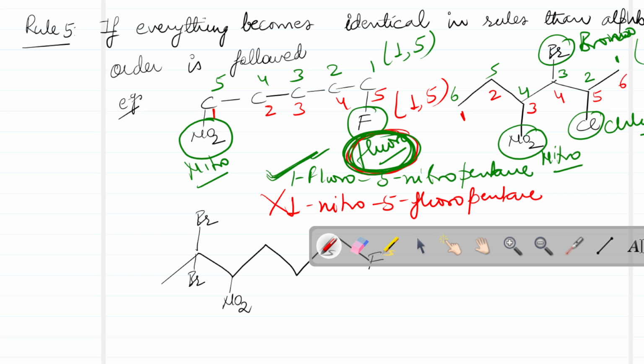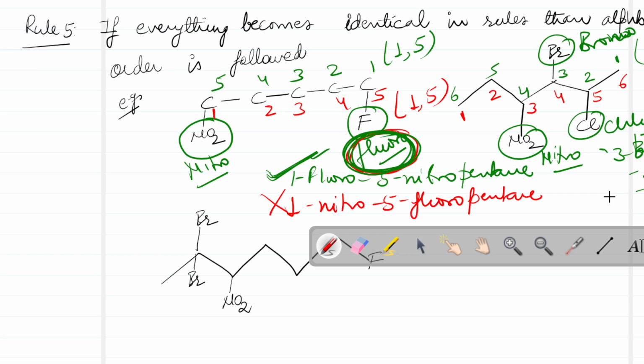As soon as we get a difference, we take the decision; that is known as the first point of difference. By the first point of difference, we take the decision, so this is the correct way of numbering. Now naming this compound: C, B and N. In the dictionary, B comes first. So we would be writing 3-bromo-2-chloro-4-nitrohexane.